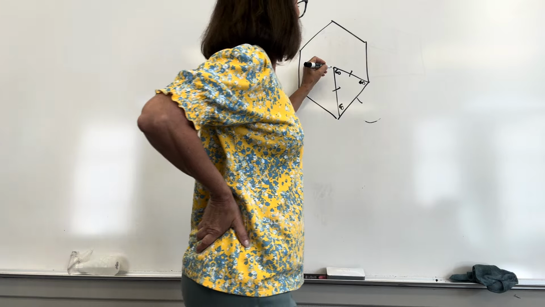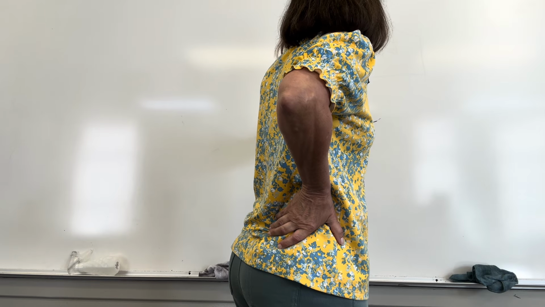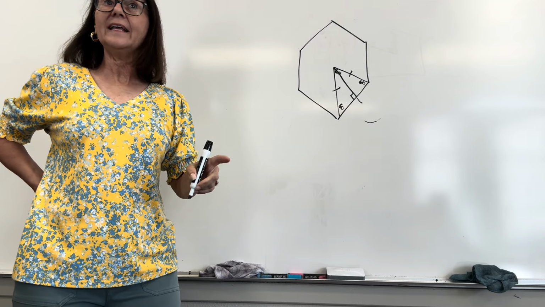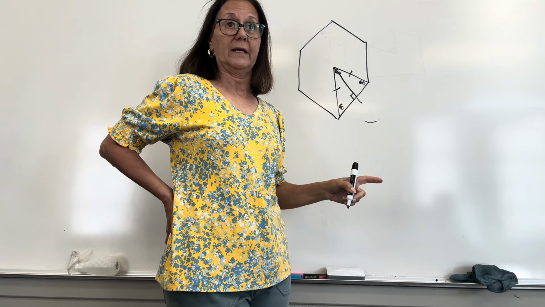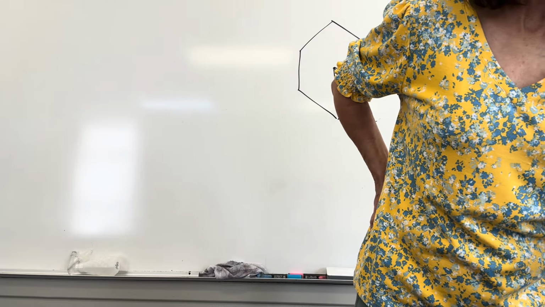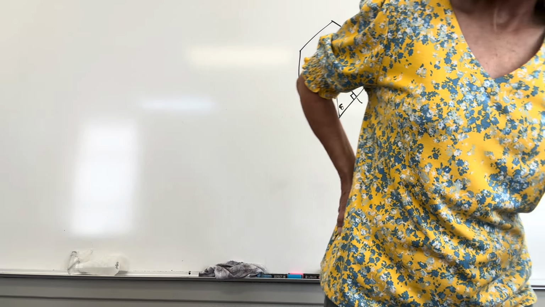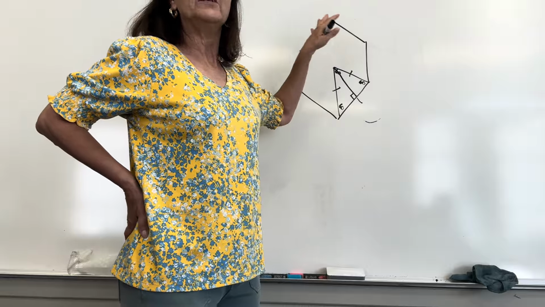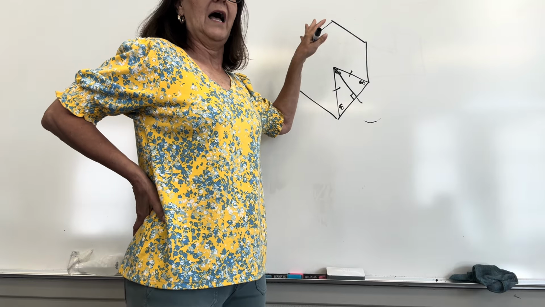Now, if I draw an apothem, it makes what type of triangle? A 30-60-90, and we have our Pythagorean triplet. That's really lesson 1. You need to know everything about a hexagon.